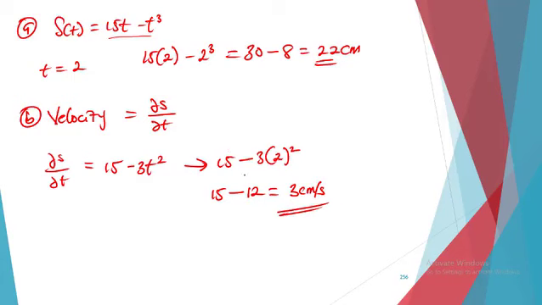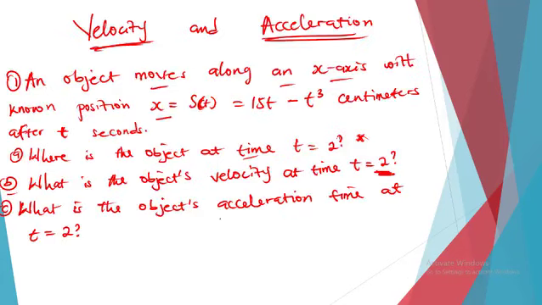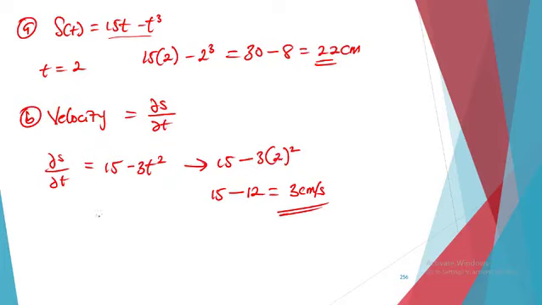Okay, then the C part of the question said what is the object's acceleration at t equal to 2. The acceleration means the change in velocity.